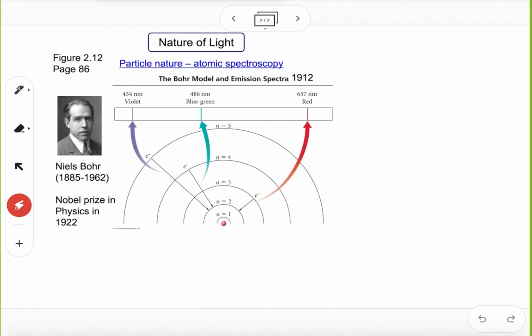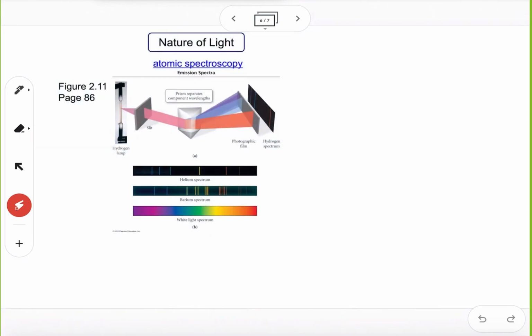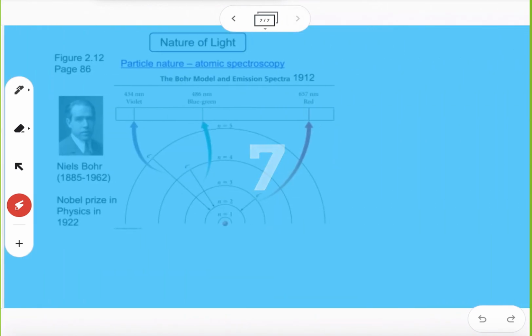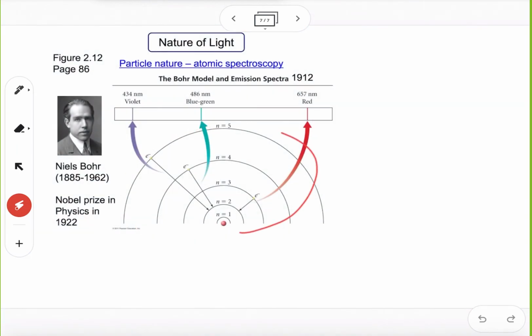In other words, on the previous slide you saw those lines of the hydrogen lamp, and based on his model, he explained the sources of those lines very well. For instance, at 434 nanometers there is a violet line.